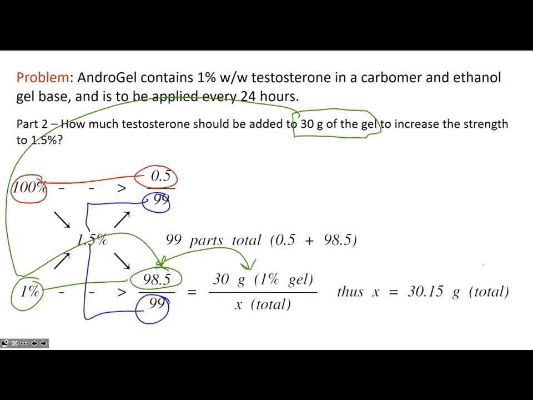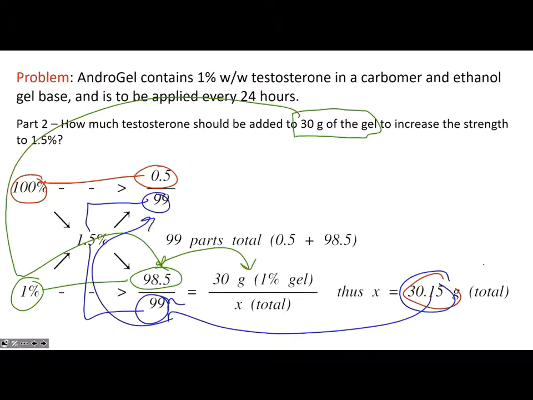That's the total weight that has what concentration? 1.5%. But that still doesn't tell me how much testosterone to add. Can anyone tell me right now how much testosterone we need to add? 0.15, right? So just subtract the two. We've got 30 grams of the gel and 30.15 total. The difference obviously is testosterone, but bear with me on this. I want to make sure you realize this is the total, that represents that 99.